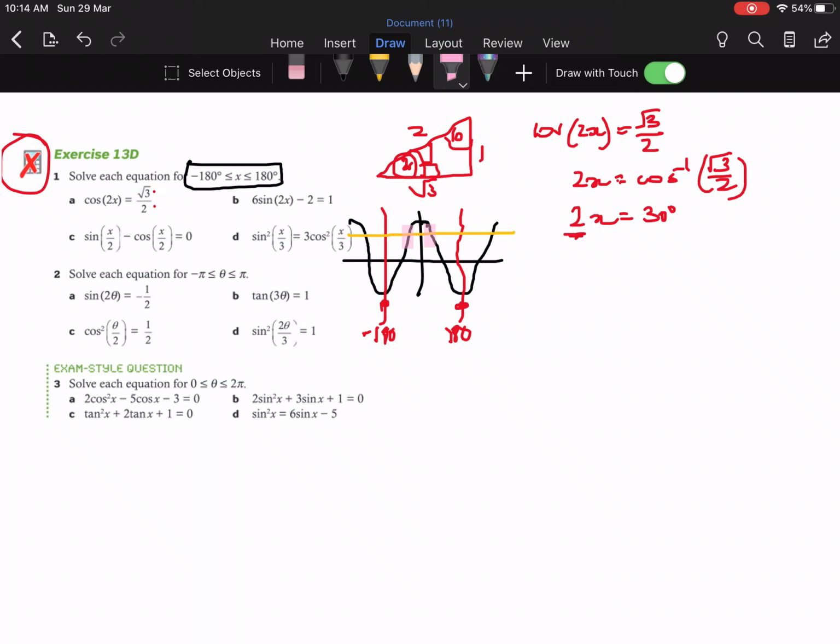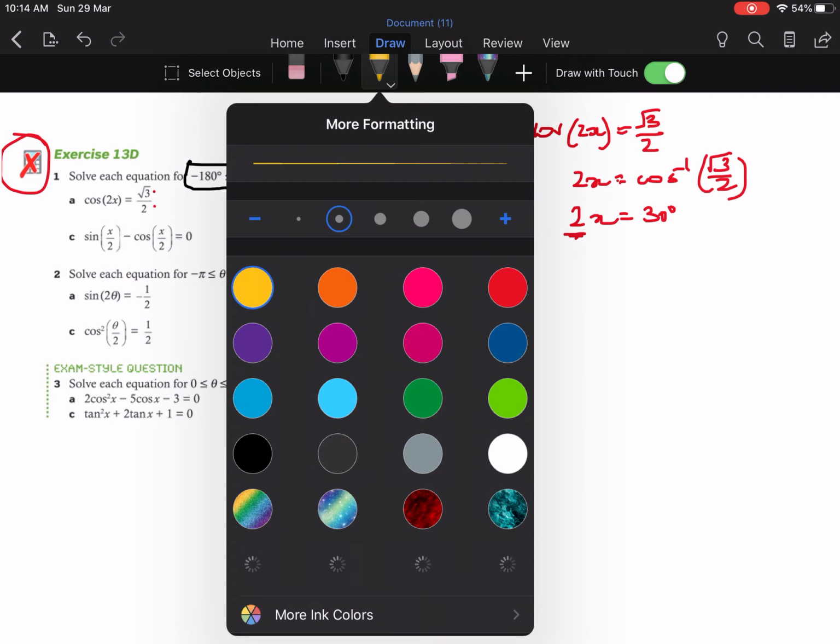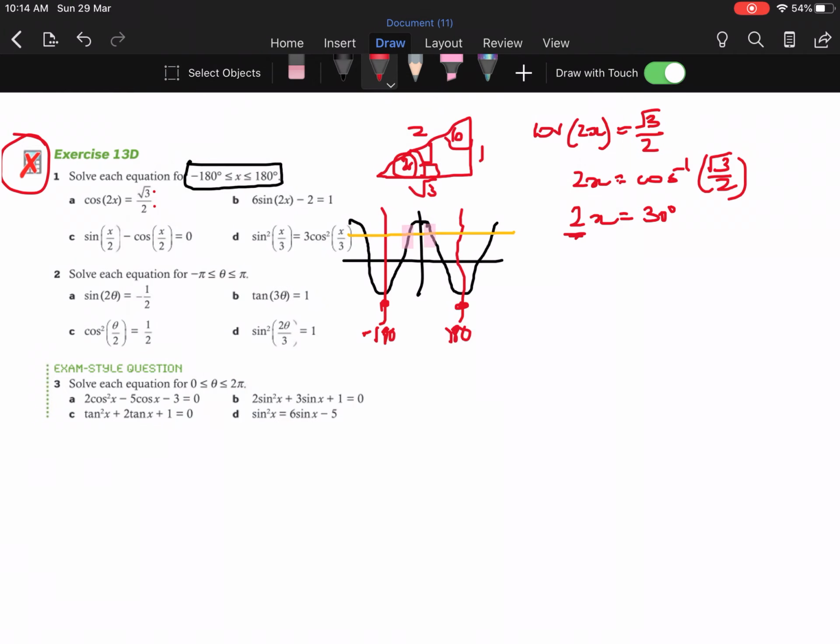Now I'm just going through all the theory. I wouldn't spend all this time doing it, but it's just so you can visualize it. Now what's good about the cosine graph is it's symmetrical, so the answer that I get here is going to be the same as the answer here, but only this one is going to be negative and this one's going to be positive.